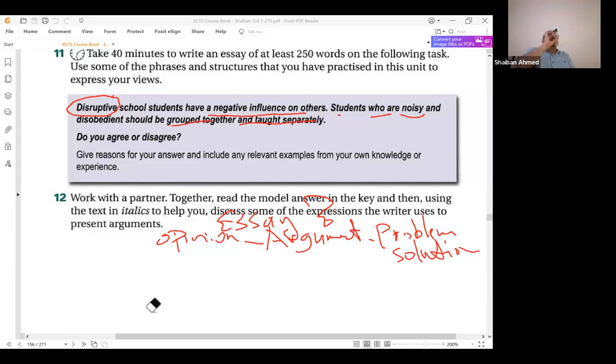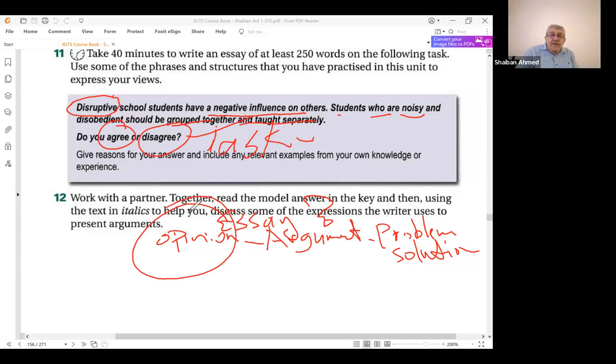Opinion, because he said, do you agree or disagree? You cannot say I agree and disagree. So either you are with or against. Agree or disagree. It's an exam. So this is the task. The task is an opinion essay.